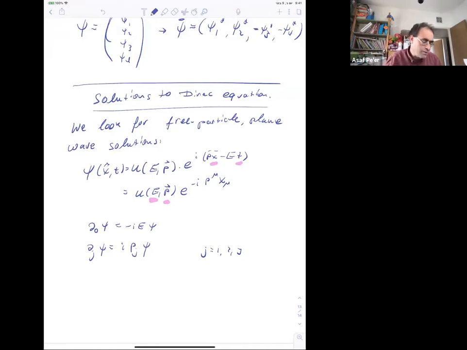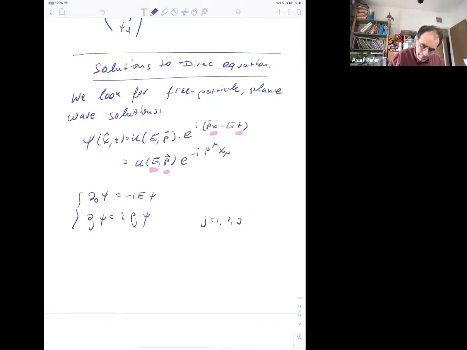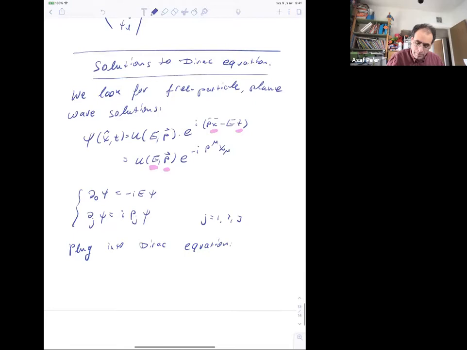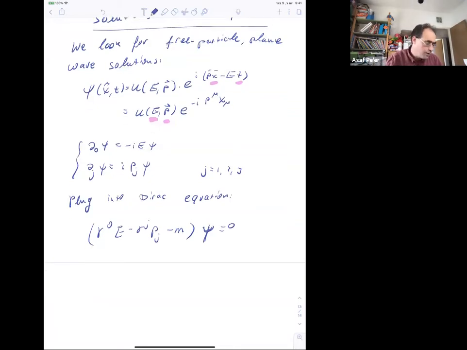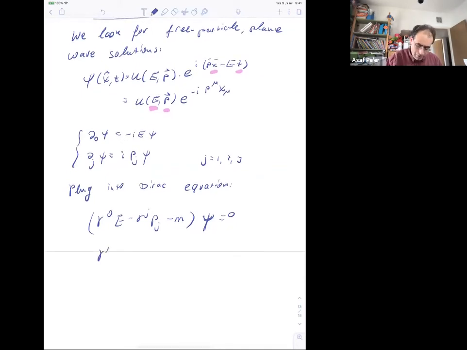Now, if we plug this into the Dirac equation, what do we have? We have gamma 0 E minus gamma j p_j minus m, acting on psi, equal to 0. I don't care about the spatial part because it's in the exponent, so I can simply look at the equation for u, and we get gamma^mu p_mu minus m, acting on u, equals 0.